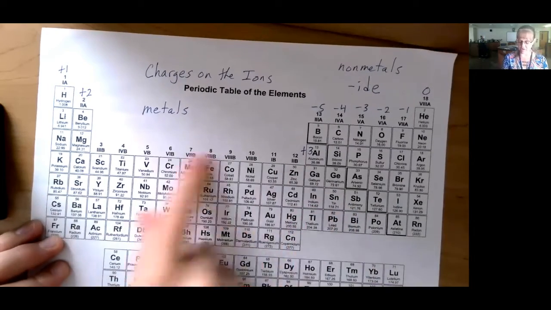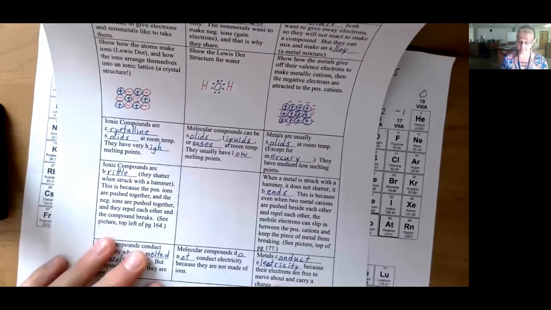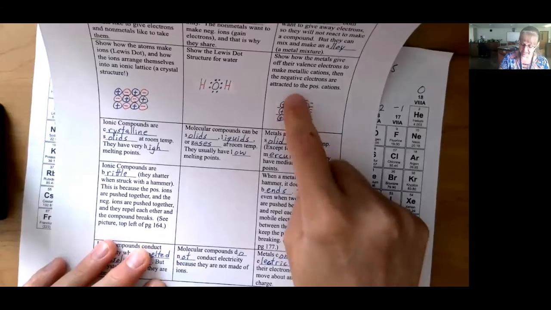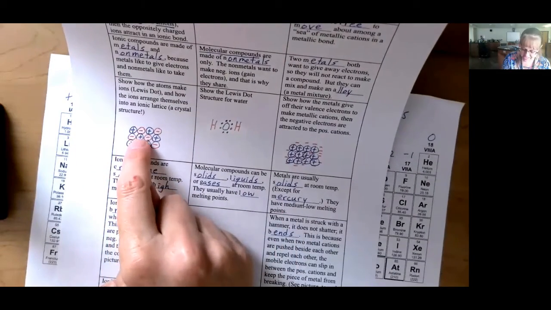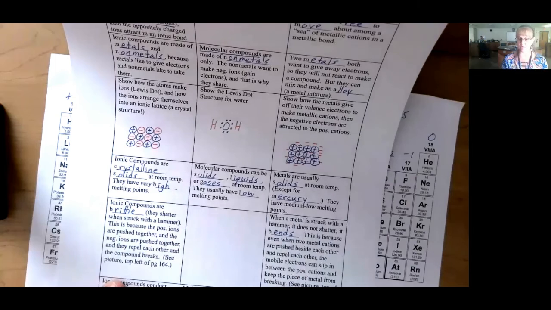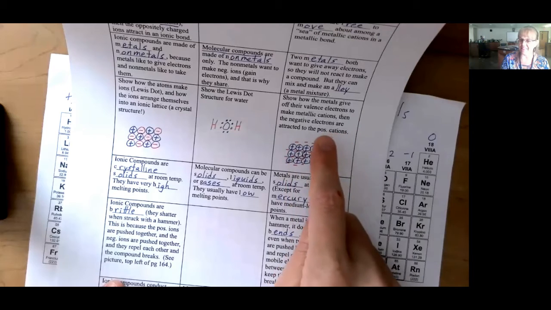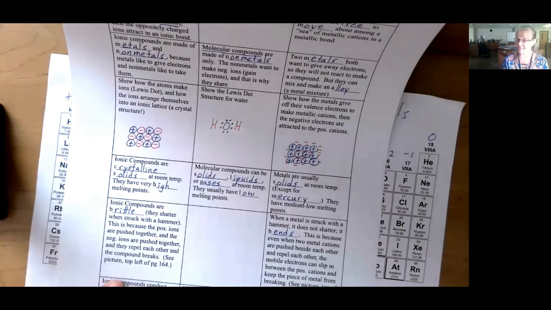So these are all solids. Metals tend to have medium-low melting points. When a metal is struck with a hammer, it does not shatter, it bends. That's because, remember with this one, when you hit it with a hammer, the positive got beside the positive and they repelled and it broke? Well, the positive is beside the positive, but the electrons can zip in between and prevent them from repelling each other.